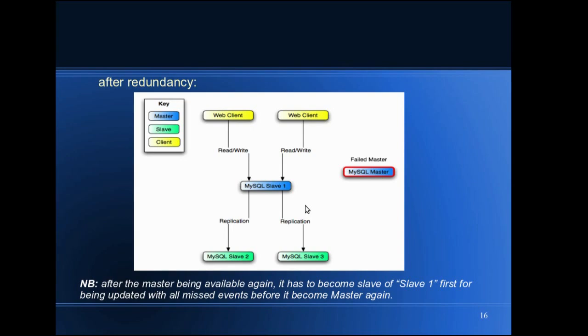The reason is that it may have missed all the transactions, all the events that happened during its failure. So it needs to be in sync before we proceed to promoting this master as a new master. And once the master is synced with all the events, we can repeat the process.